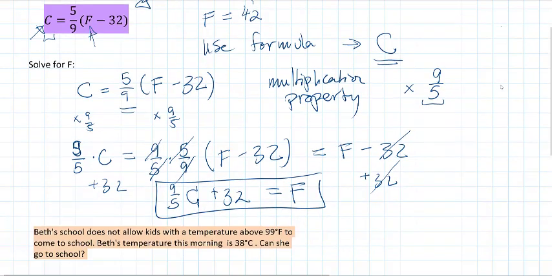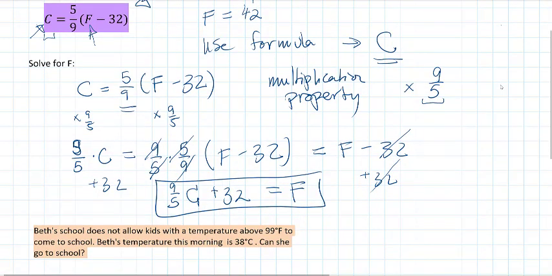We've solved for F. Now we have a formula that shows us how to go from Celsius to Fahrenheit. That is what it means when we say solve for F.